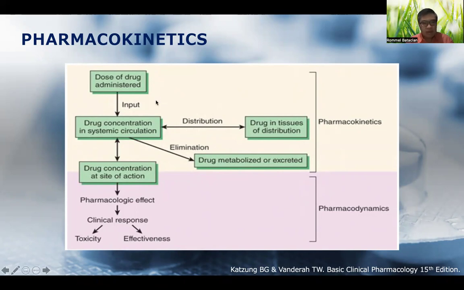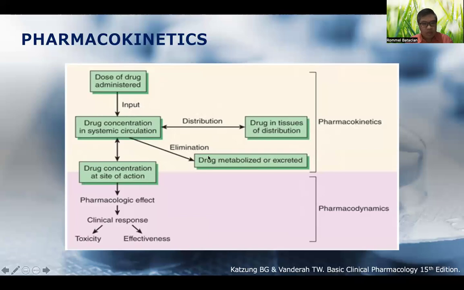Now there are again three aspects in pharmacokinetics. The one when the drug is introduced or input, and then when the drug is distributed to either the central compartment or the organs with high blood flow, or even to the peripheral tissues or the organs with relatively lower blood perfusion or cardiac output.